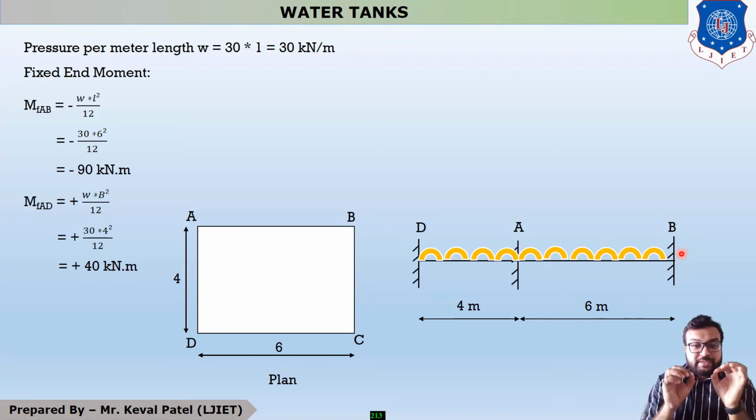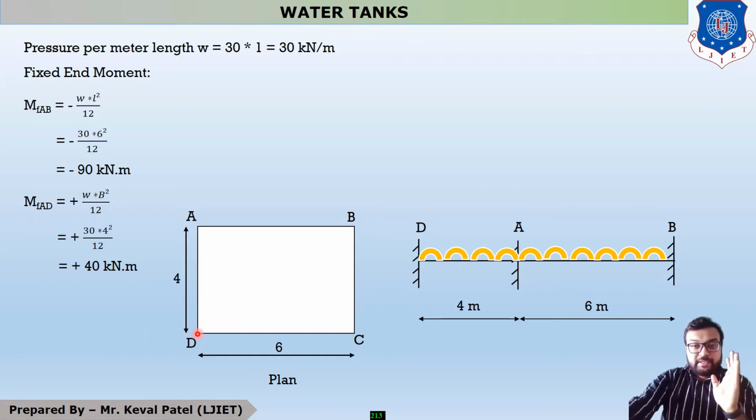Now you can see that all the junction designs are the same, because, for example, if we have to design for A, then one span is 6 meter and the second span is 4 meter. Like B, this span is 6 meter and this span is 4 meter. For C, this span is 6 meter and this span is 4 meter.